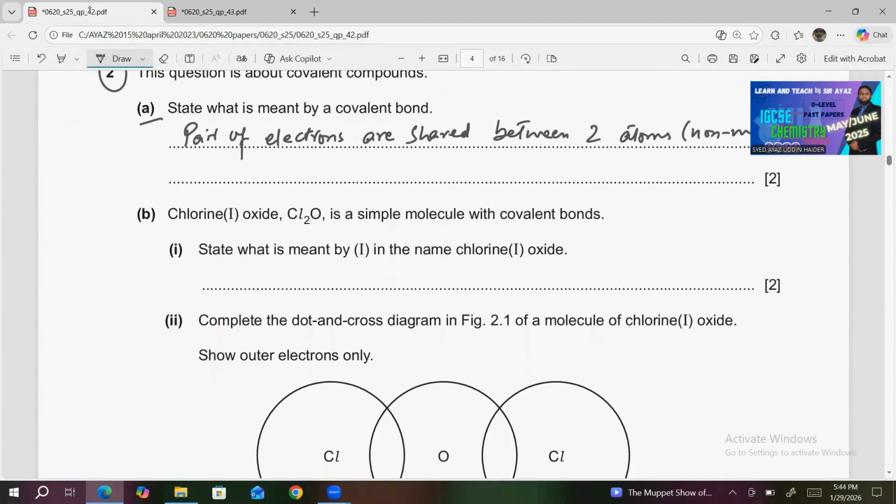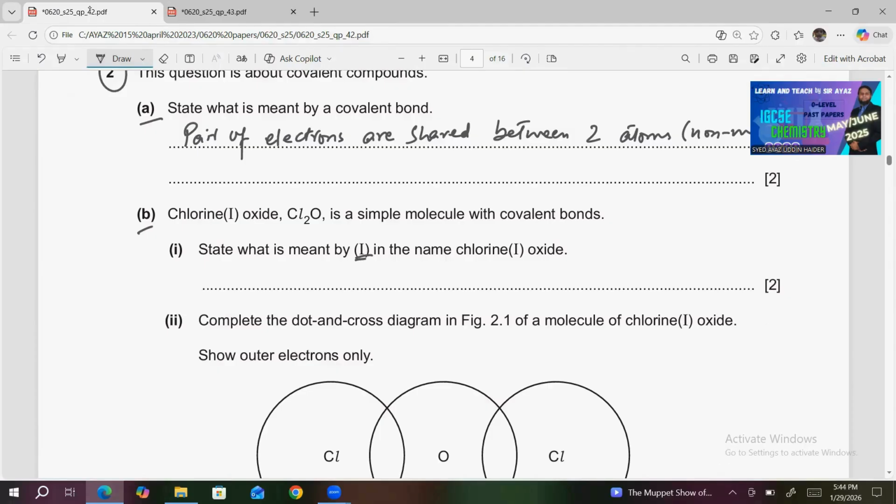B. Chlorine 1 oxide, Cl2O, is a simple molecule with covalent bonds. 1. State what is meant by 1 in the name chlorine 1 oxide. This is a Roman number, and it represents the oxidation number.